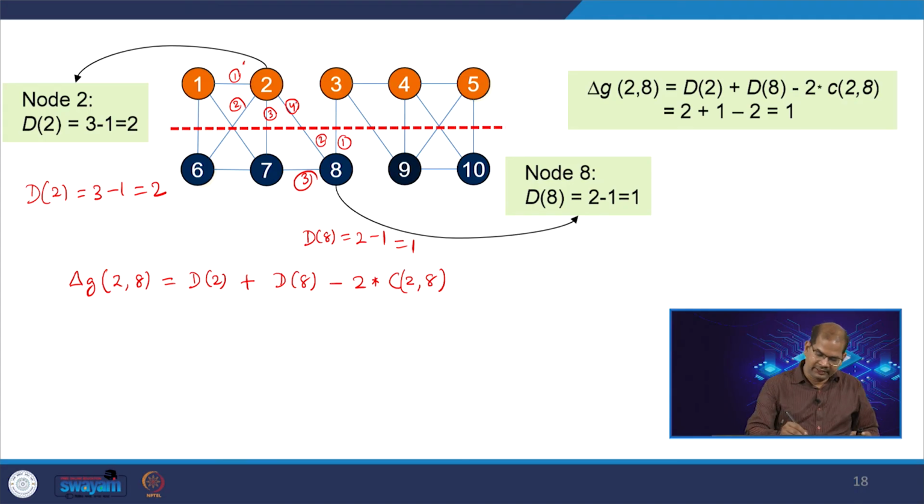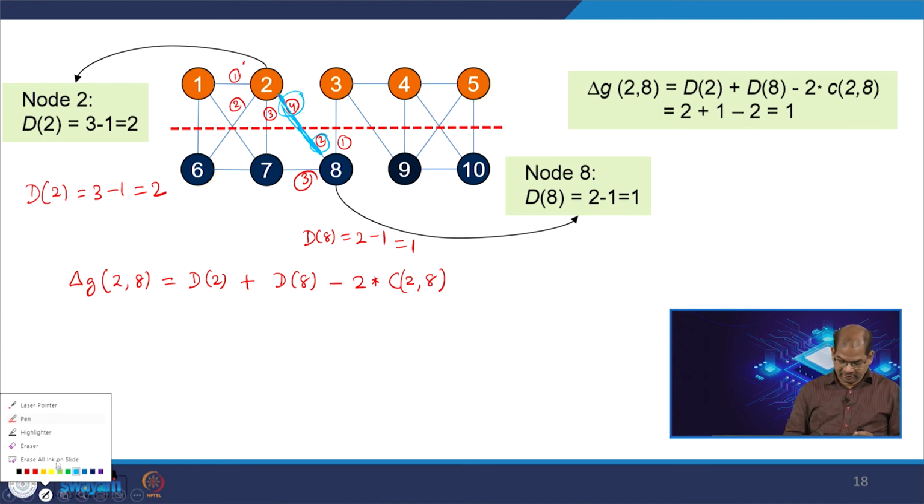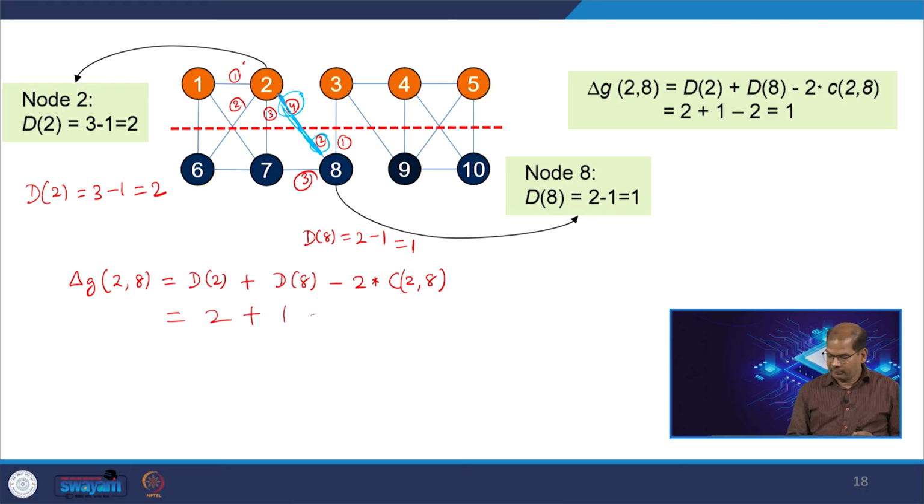Yes, there was a line connecting 2 and 8. I need to subtract 2 because it is counted in D of 2 and also in D of 8. So, here it is 2 plus 1 minus 2, which will be 1. So, this is the delta G.